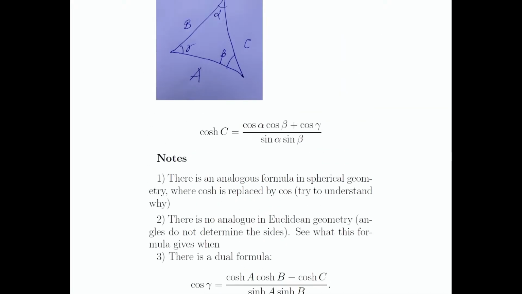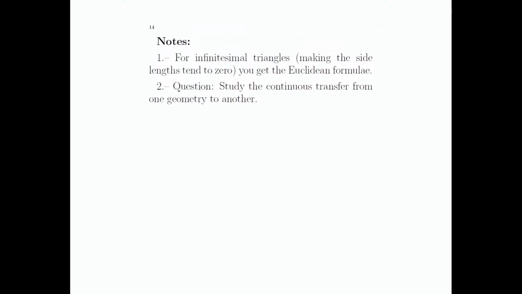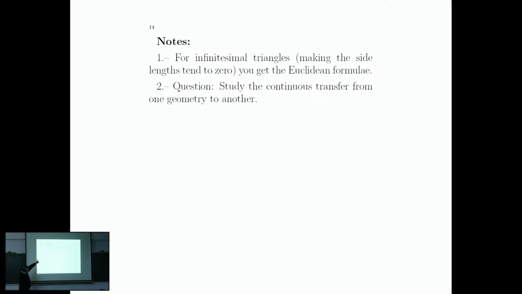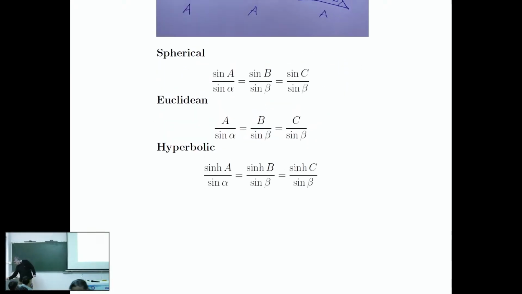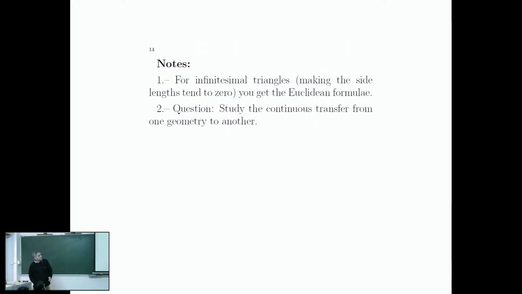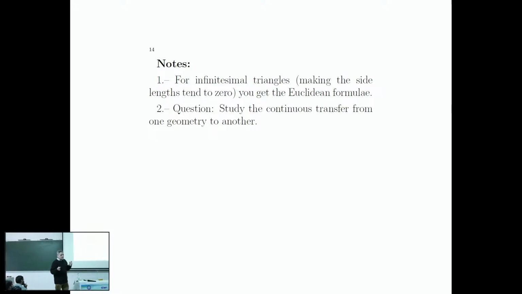The first one is something which you can notice: if you take the Taylor development of the sine or of the sinh, for infinitesimal triangles where the sides are infinitesimally small, you get the Euclidean formula.